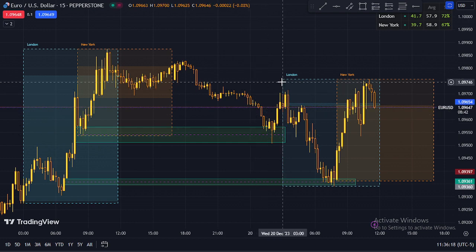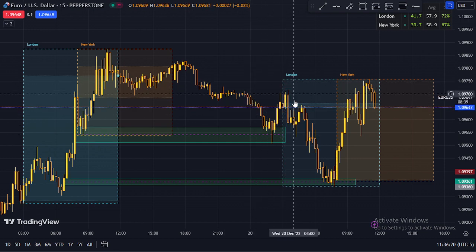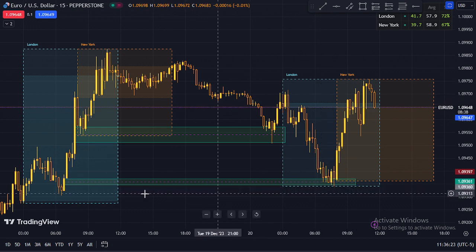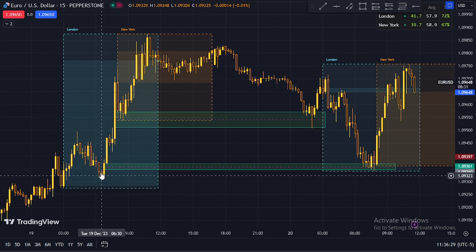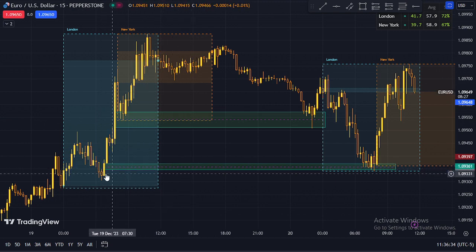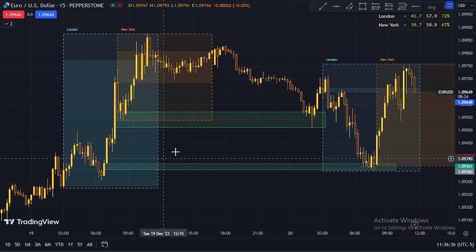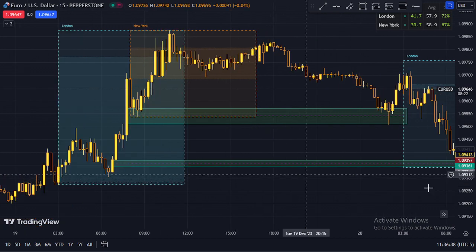We had this run high, and after that we had this run to the downside. We also had this inefficiency, and this order block right there. Also, as you can see, these are an inversion fair value gap.